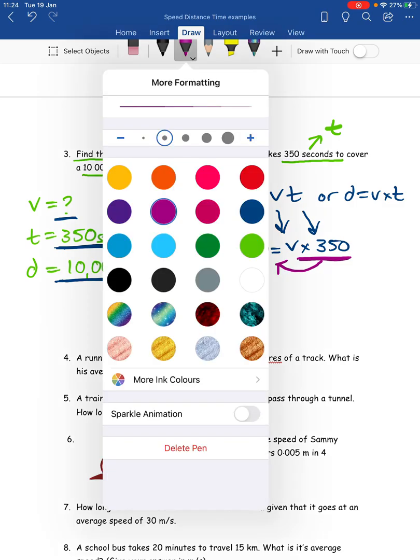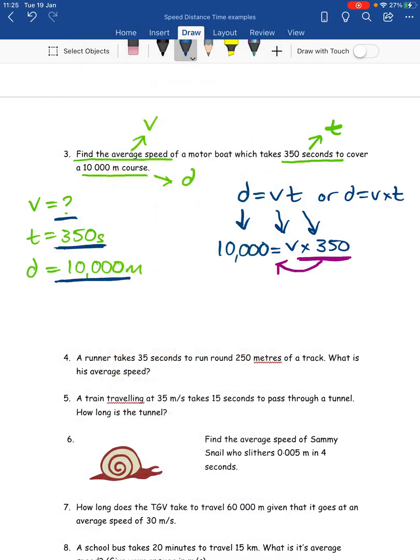The 10,000 that's on the left already has to stay where it is. And the 350 is going to go across and go underneath. Then I put my equal sign in, and then I'm just left with V on the left hand side, and the right hand side.